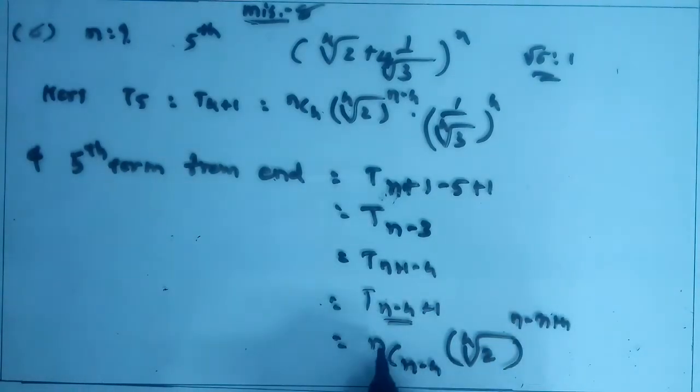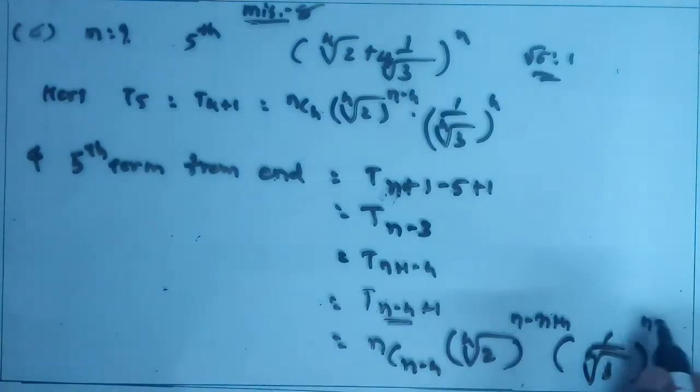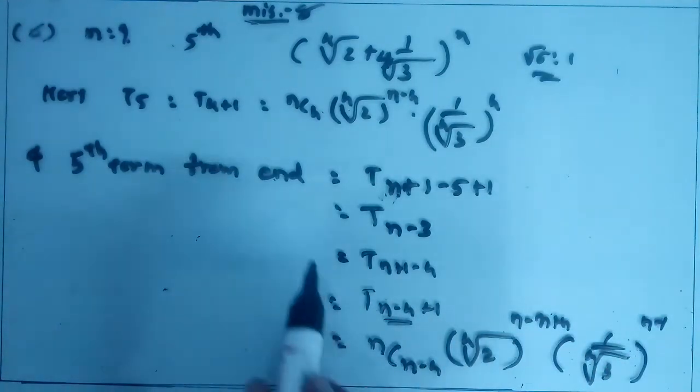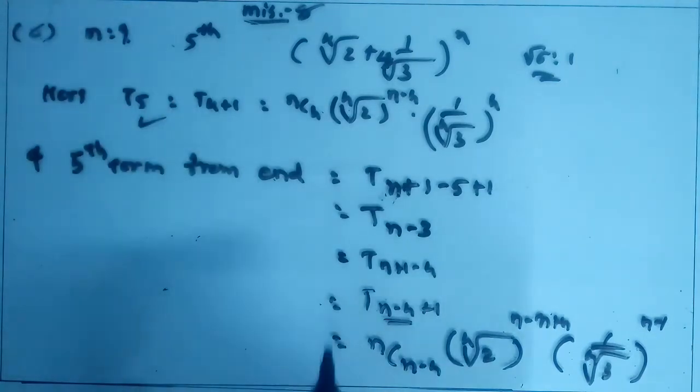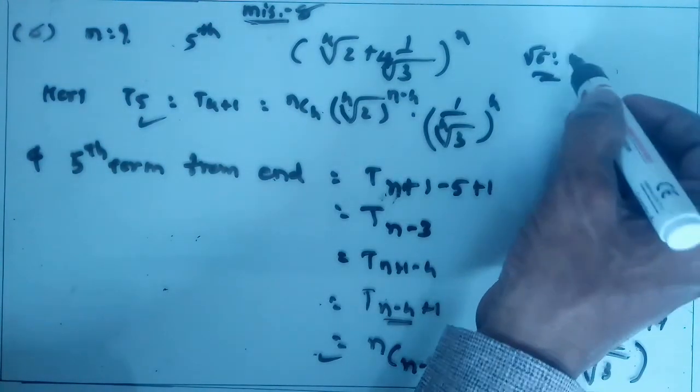Subtract n minus 4 from n, into 1 upon fourth root of 3 raised to n minus 4. Now the ratio of these fifth terms from the beginning and the fifth term from the end is equal to root 6 ratio 1, given.